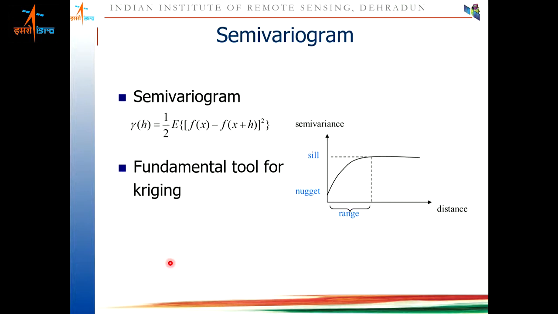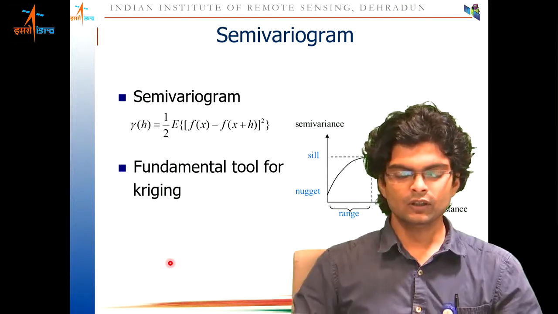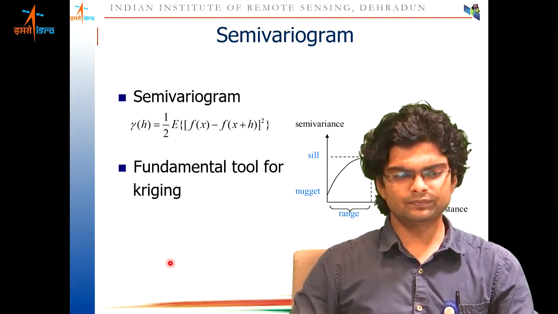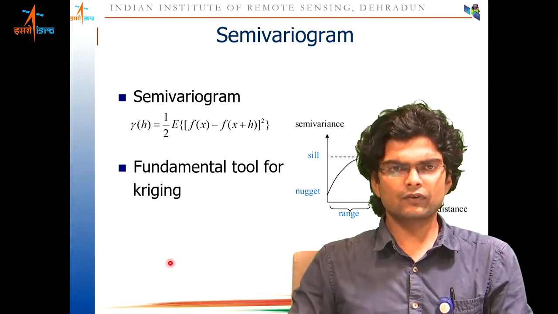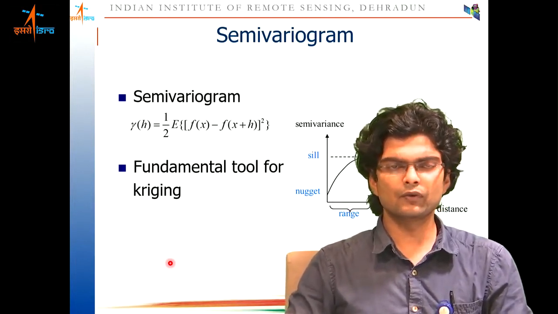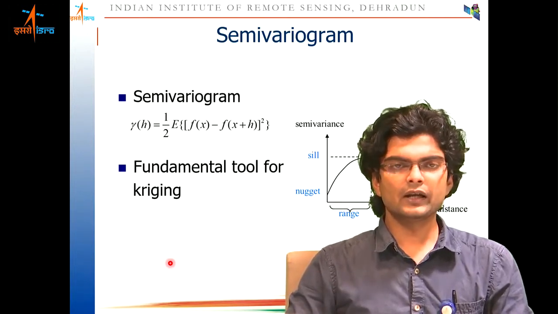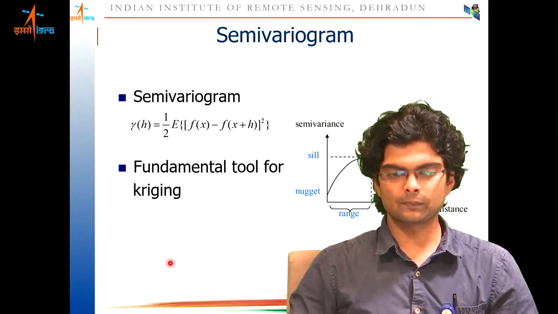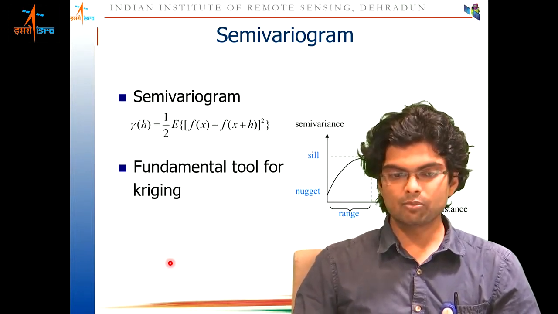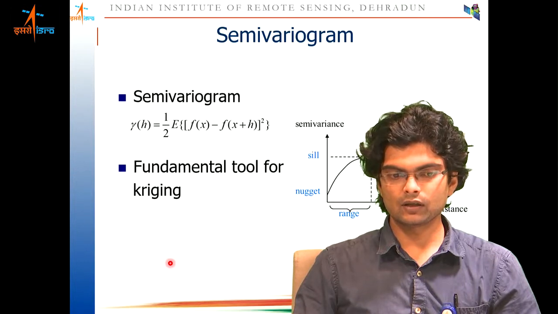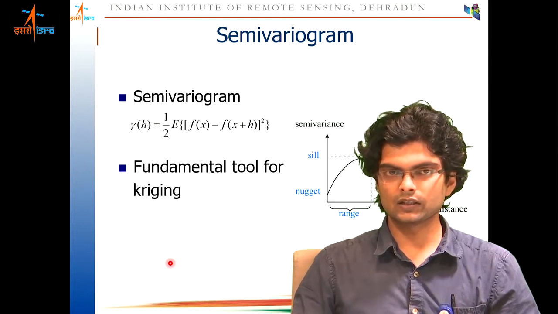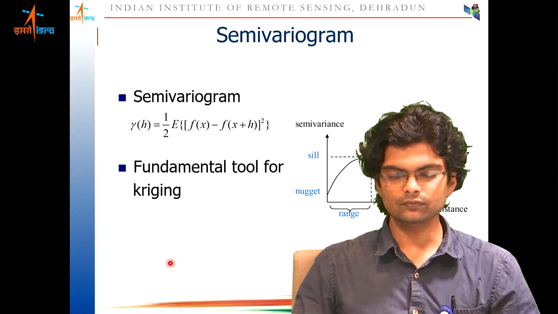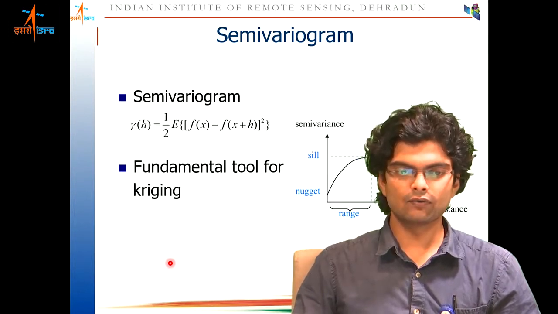Interpolation is a method to find out value at an unsampled location based on the samples collected. The assumption for Kriging is that your data should follow a random distribution, and the correlation between the variable at location x and at location x plus d should be a function of distance.